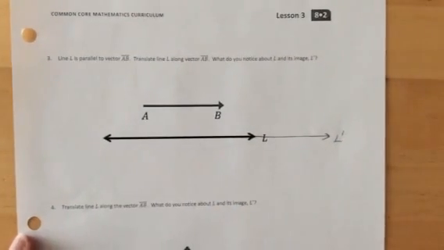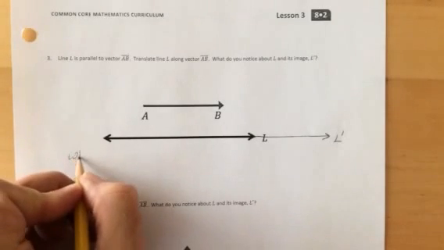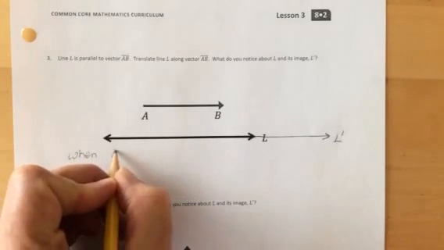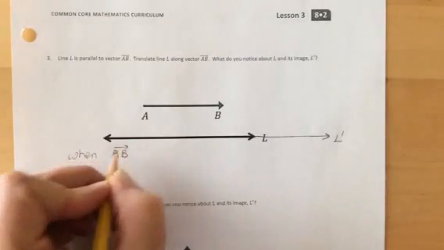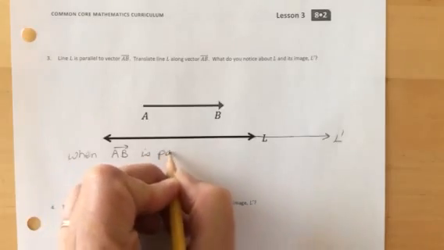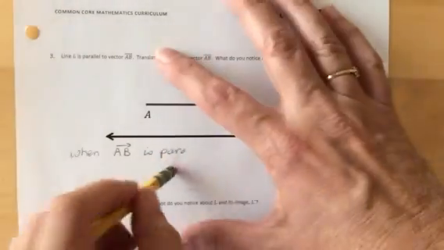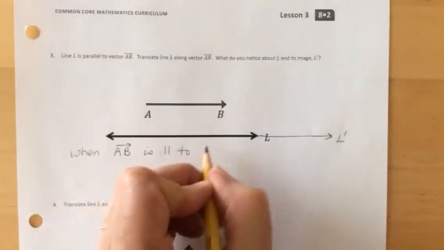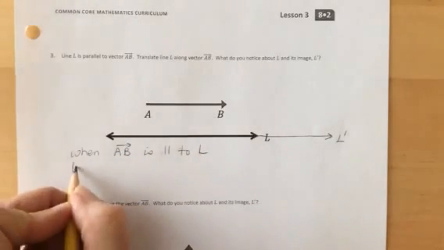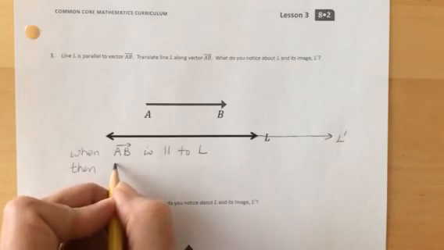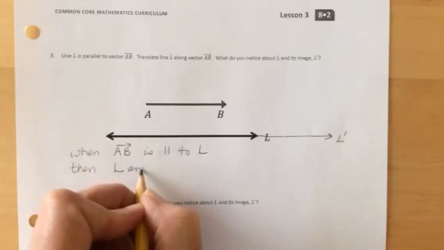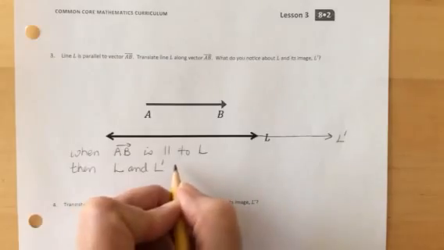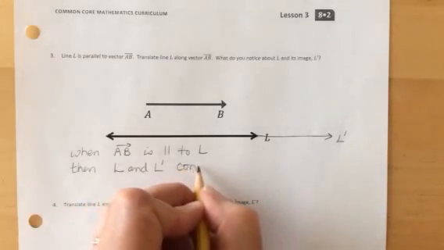So when the vector that I'm translating along is parallel to my line, L and its image, L prime, also coincide.